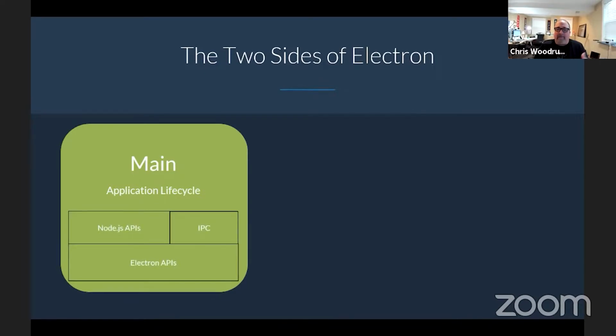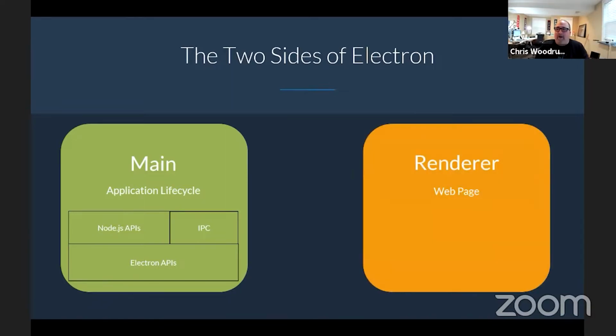And in there, we have access to the Node.js APIs. We have access to the Electron APIs. And then we have access to what we call IPC, inter-process communication. So this is how we can communicate and work with outside resources.